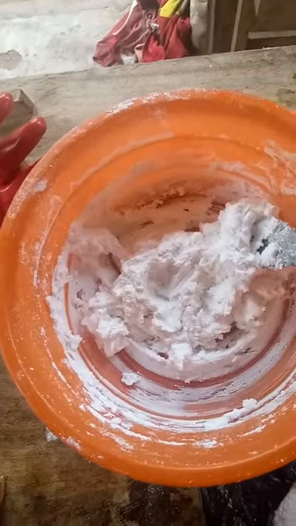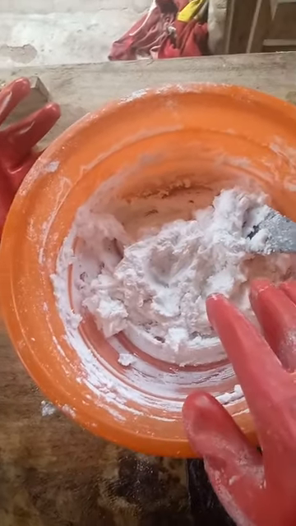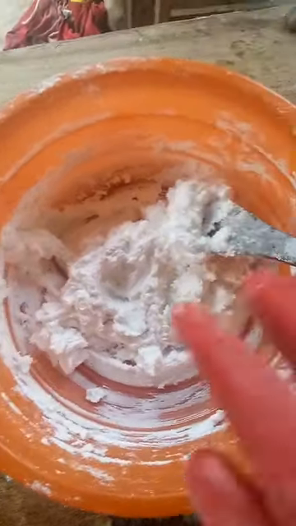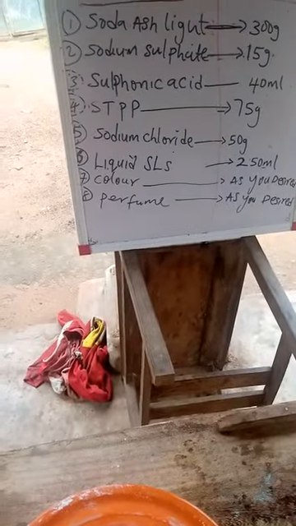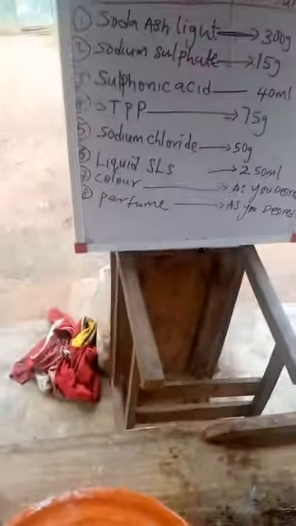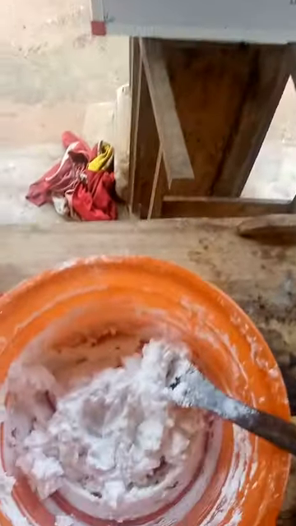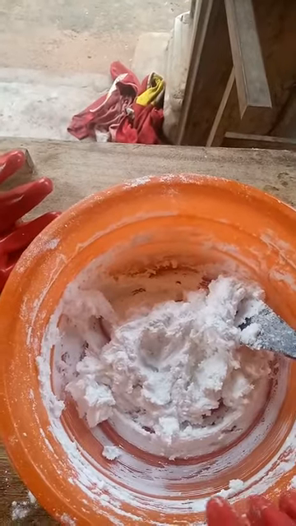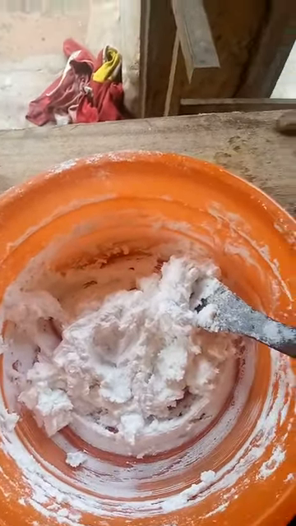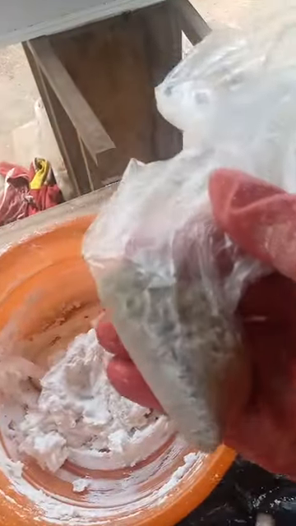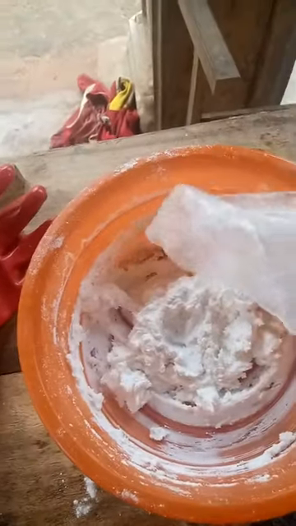This solution contains the soda ash light solution, the liquid SLS solution, and the STPP solution. So the next thing now is to add our sodium chloride. This is our sodium chloride, industrial salt.